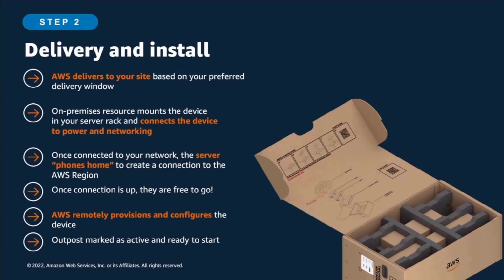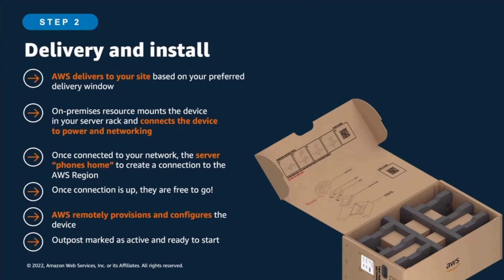And ultimately, when you get that all configured, we get to the point that, definitely in quotes, it phones home. We're going to use your connection back to the AWS region. And once that connection's up, then you can start seeing remotely the install status.